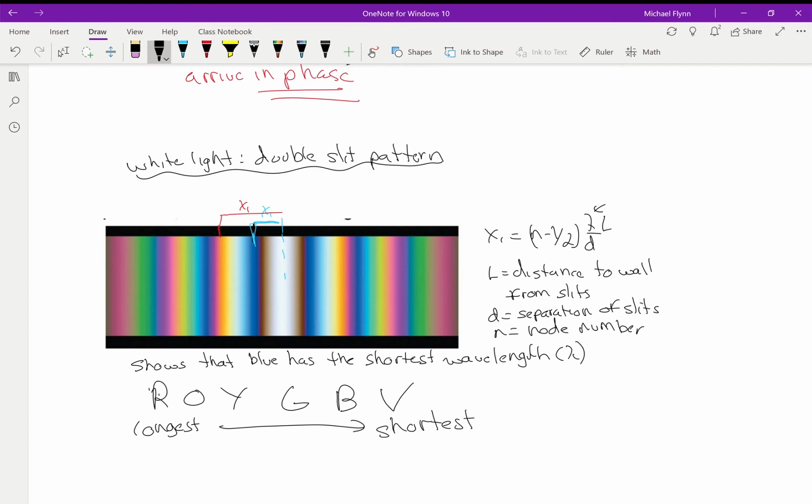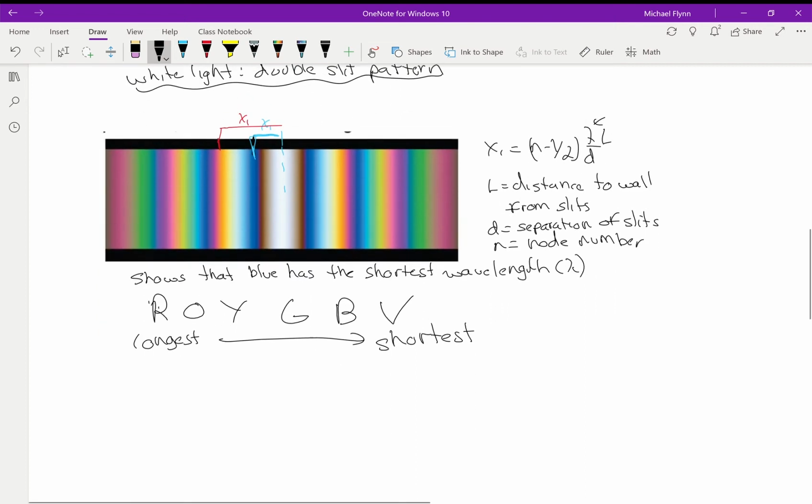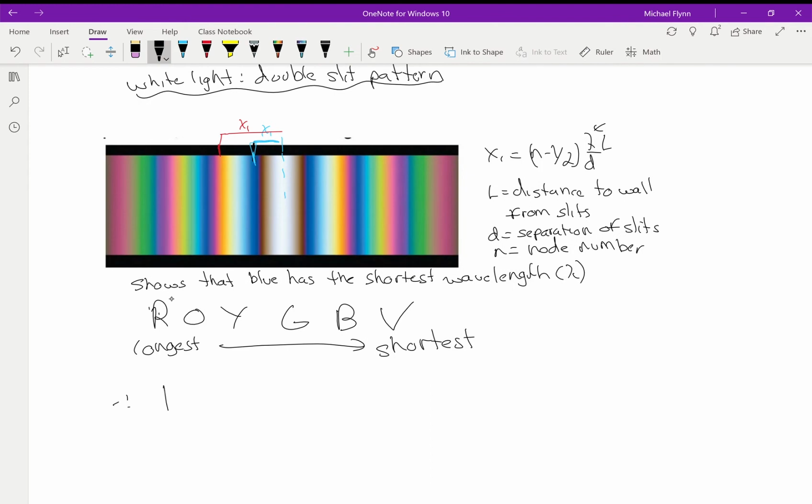And so it's so cool. You do this experiment and you can see the different wavelengths. It's amazing. Now, by the way, therefore, since we see interference like this, it proves without a doubt that light is a wave.